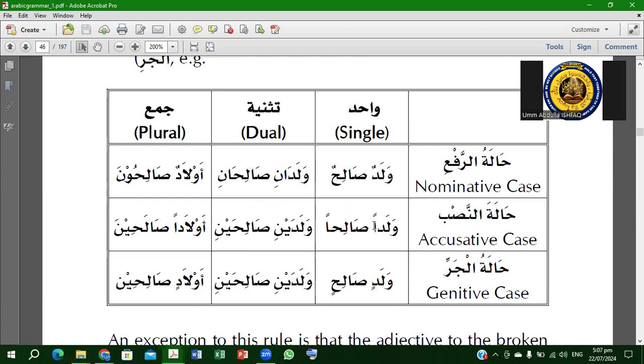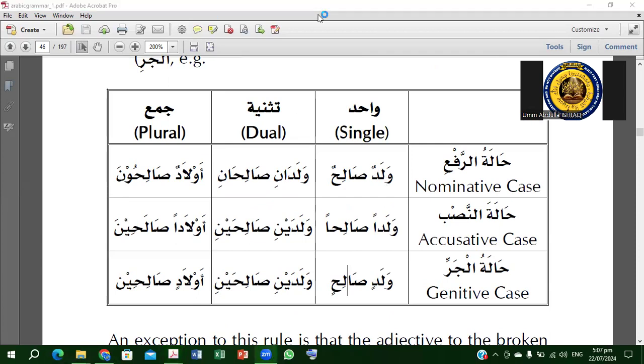If it is waladan, then it should be salihan. Waladin, it should be salihin, like this. And instead of waladun, if it is bintun, then it should be salihatan.